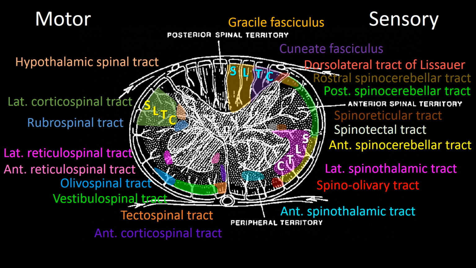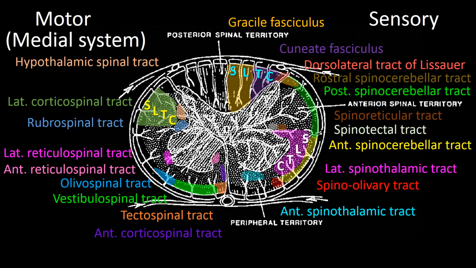I hope you remember this figure from one of our prior videos. In it, you can see a cervical spine transverse cut with motor tracts listed on your left and the sensory tracts listed on your right.